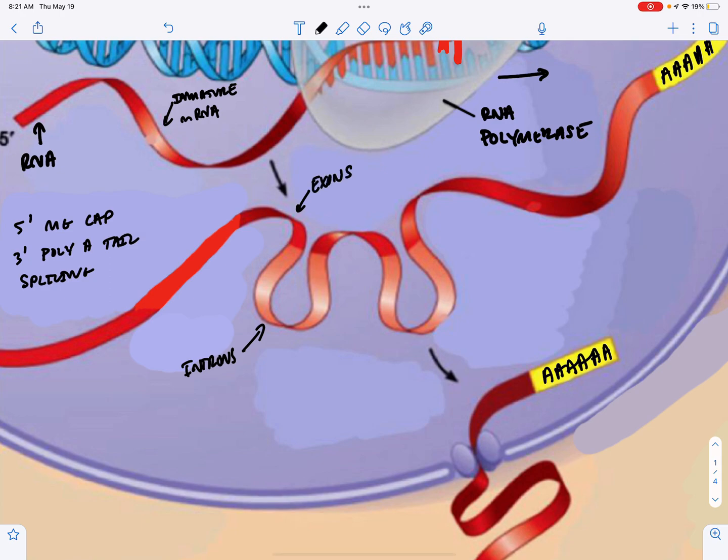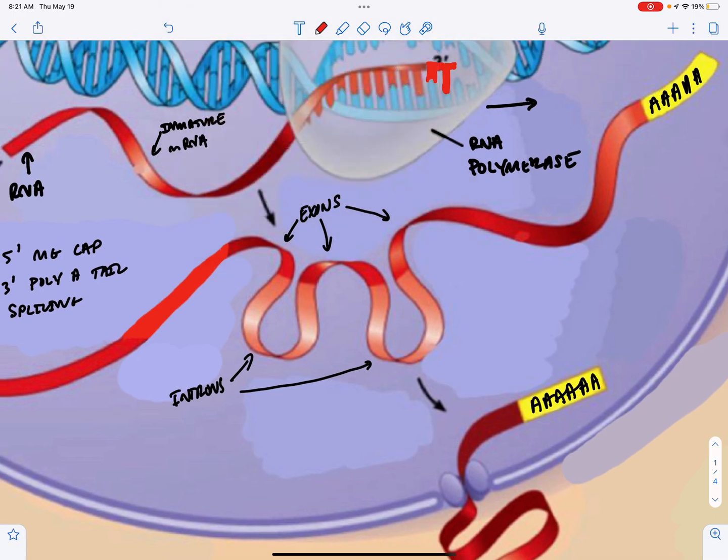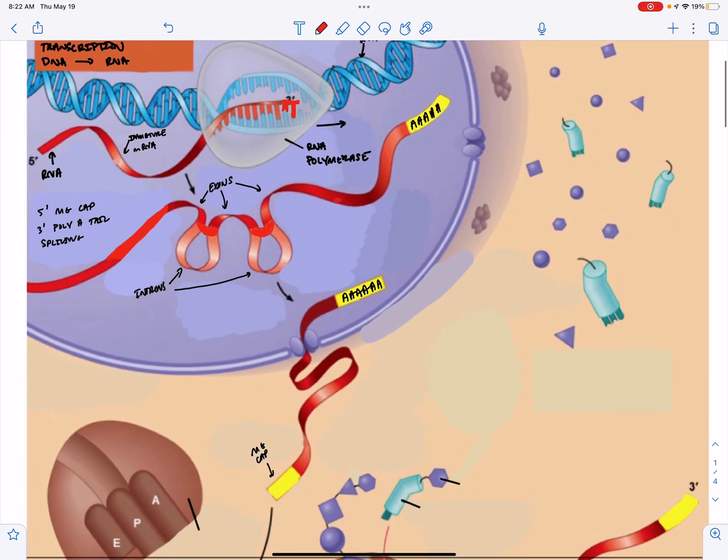So anything that's dark red here is an exon, and anything that is light pink is an intron and is going to be cut out of the message. So these exons will be spliced together. The message will look like this at the end. The exons will be joined back together, and the introns are cut out and remain in the nucleus.